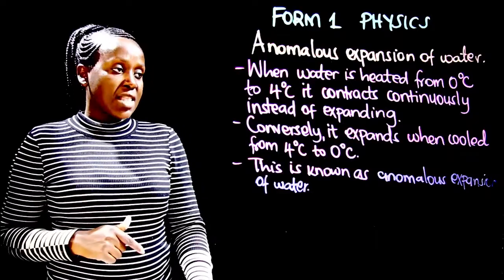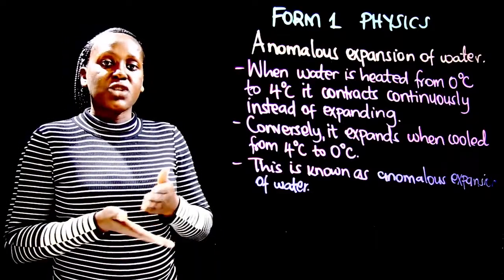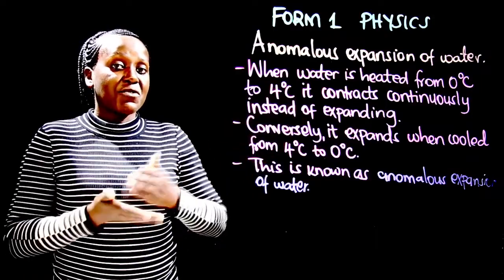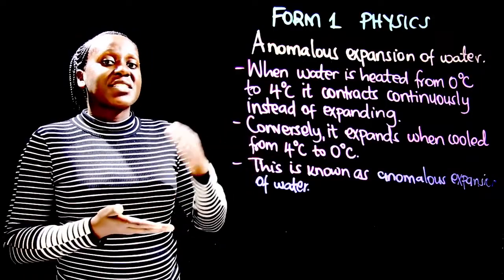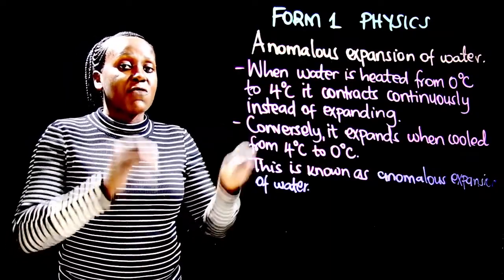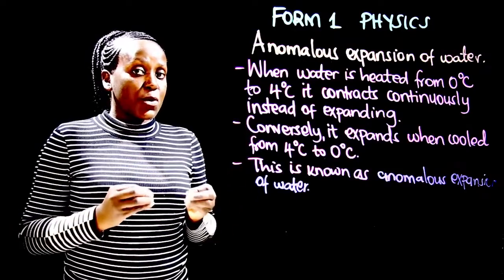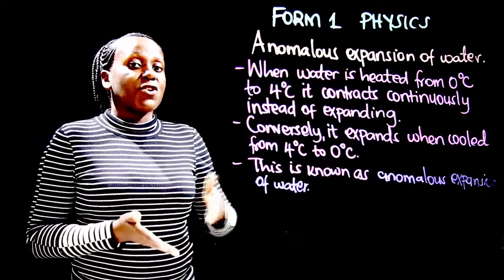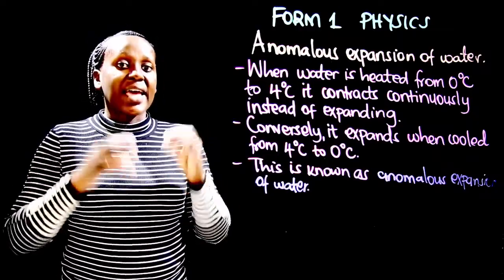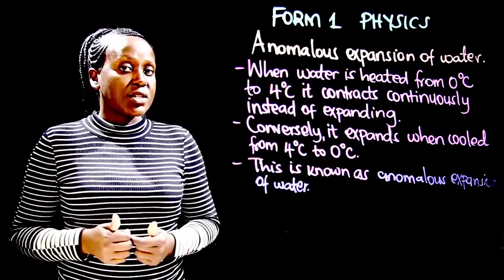Now, how does that affect the volume and the density of water? But before we discuss that, what happens if you heat water beyond 4 degrees Celsius? If you heat water beyond 4 degrees Celsius to maybe 10, 50, 80 degrees Celsius, water behaves normally like other liquids. So at temperatures above 4 degrees Celsius, water will expand as is the norm with other liquids.